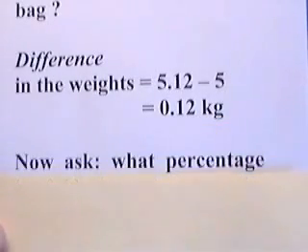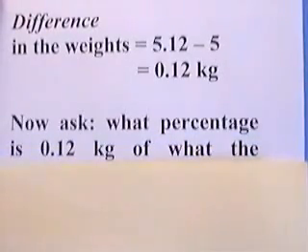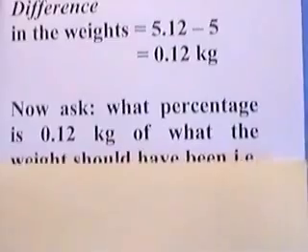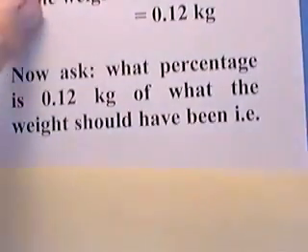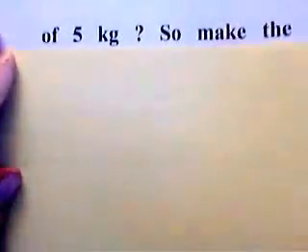Now we ask, what percentage is this difference, this 0.12 kilograms, of what the weight should have been, i.e. it should have been 5 kilograms. What percentage is that of what it should have been, 5 kilograms?